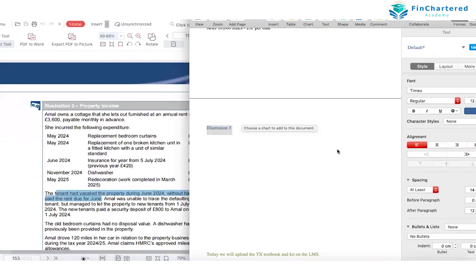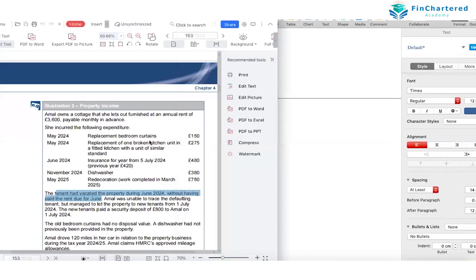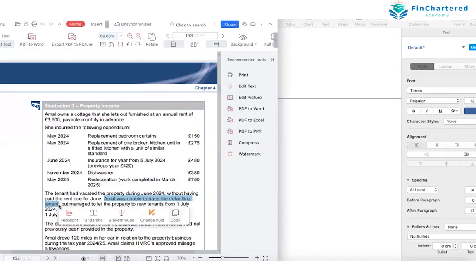We were not paid. Out of 12 months, if the rent is 3,600 for 12 months, the rent is 300 per month, for which one month's rent we did not collect this year. The tenant didn't pay us, and Amal was unable to trace the defaulting tenant. The tenant ran away.